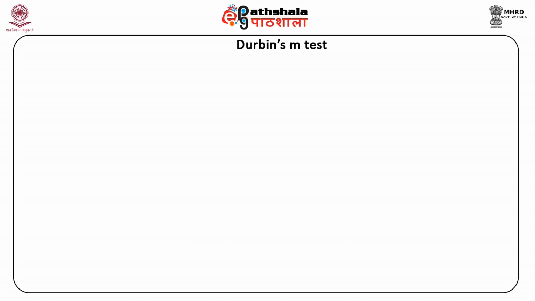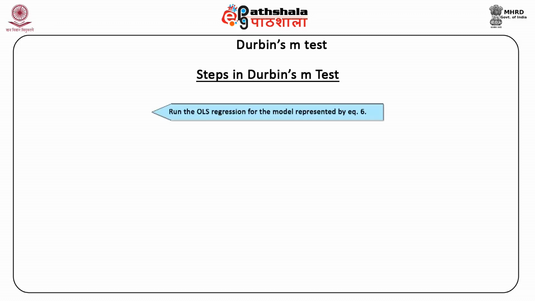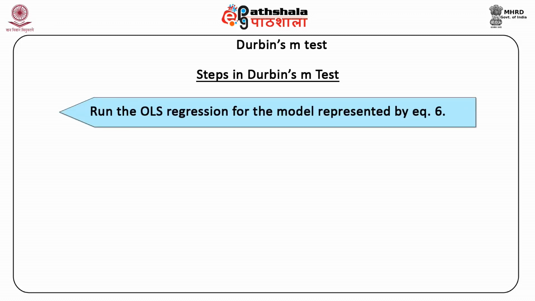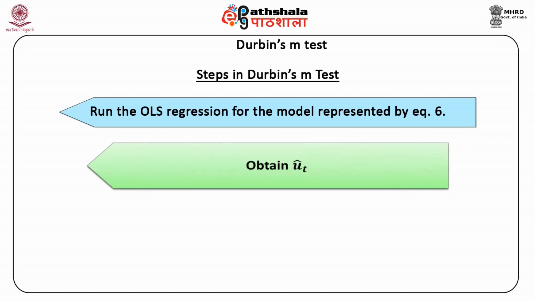Durbin's m test. Durbin in 1970 suggested the m test to overcome the limitation of the h test. The steps involved in Durbin's m test are as follows. First, run the OLS regression for the model represented by equation 6. Second, obtain u_t hat.